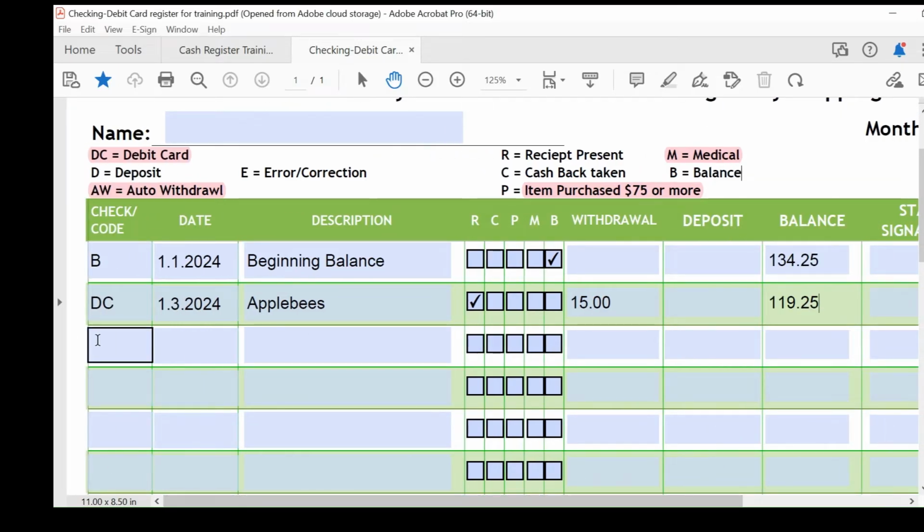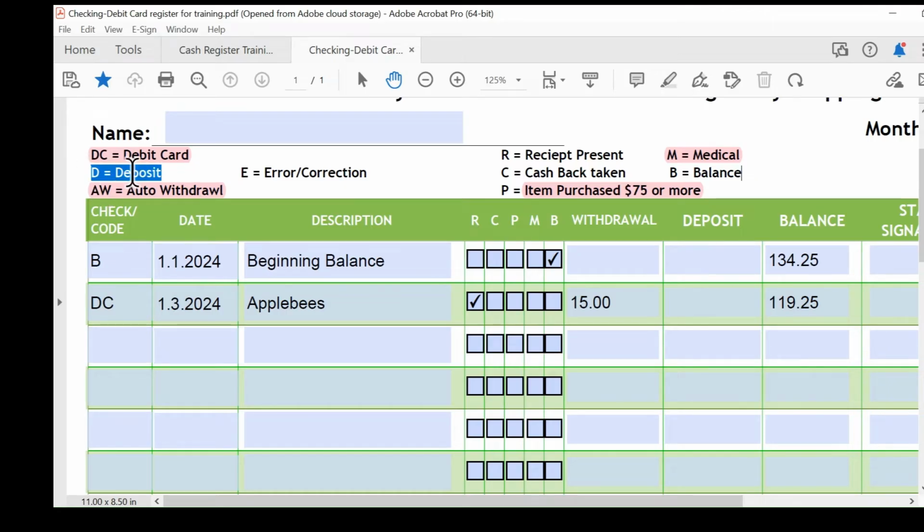So let's do another example, but this time we're going to do the deposit. So you remember that up here we've got D for deposit, goes here. So either it's their Social Security payment that came in, maybe the person's guardian transferred money into the account, or they might have a paycheck.